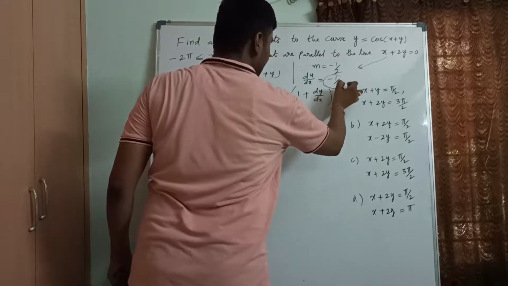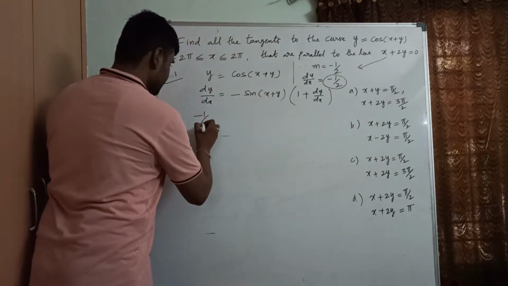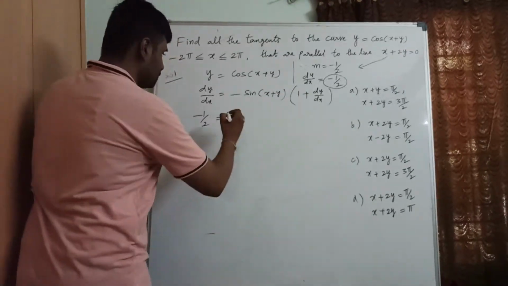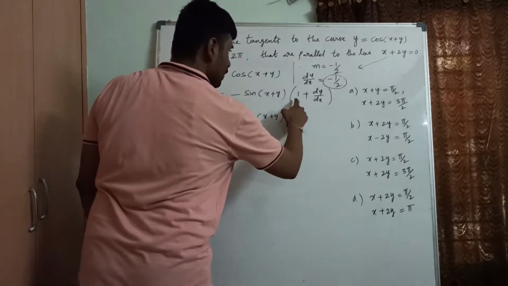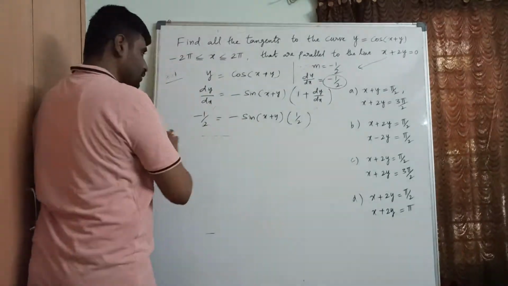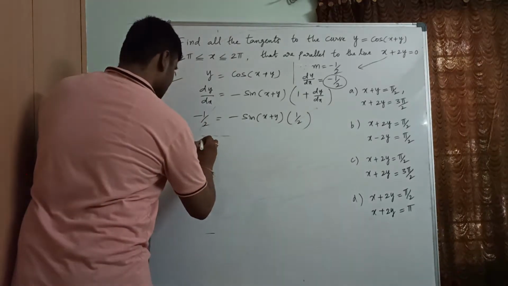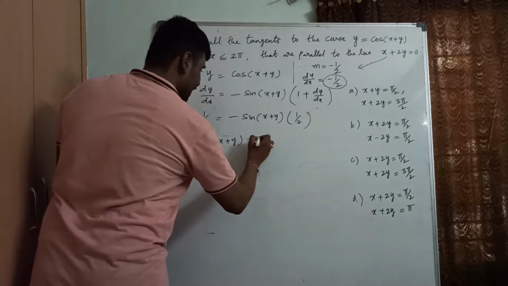Clear? So wherever we have dy by dx, that can be replaced by minus 1 by 2. So minus sine of x plus y times 1 minus 1 by 2, that is 1 by 2. So on both sides 1 by 2 gets cancelled. Minus also gets cancelled. So sine of x plus y equals 1.